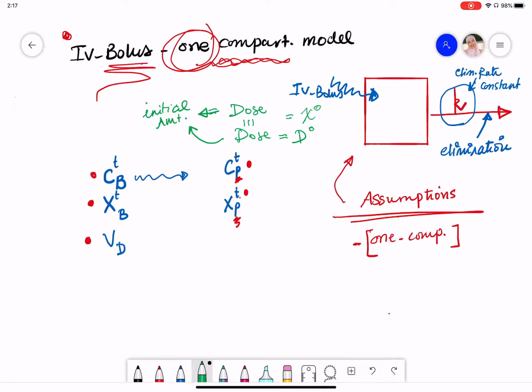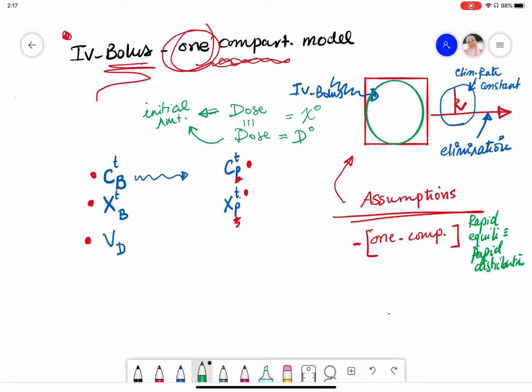That's why we are having everything in one box or in one compartment. So this is because we have, as we mentioned earlier, rapid equilibrium, the same thing as rapid distribution of the drug in each and every organ in addition to the systemic circulation.